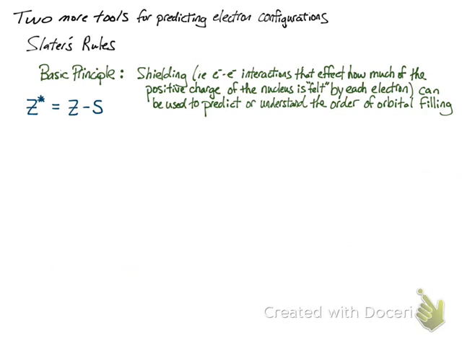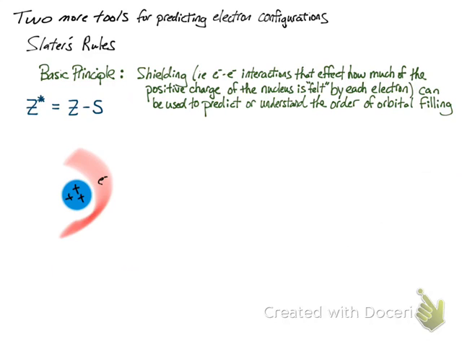And the idea here is that the effective nuclear charge, which we're calling Z star, is going to be less than the full nuclear charge by some parameter S, which is called the shielding constant. And basically, using Slater's rules, we will calculate S for a given electron in the atom, subtract that from the Z, and get the effective nuclear charge for that electron.